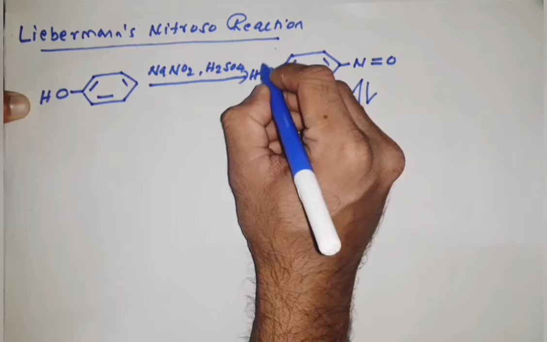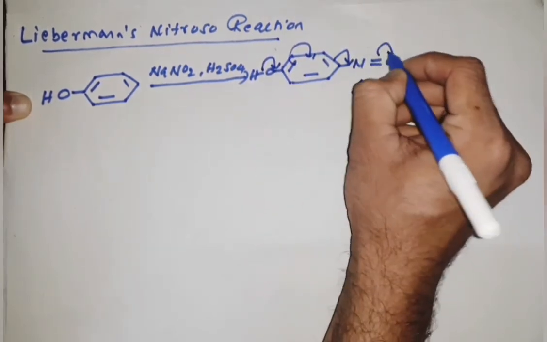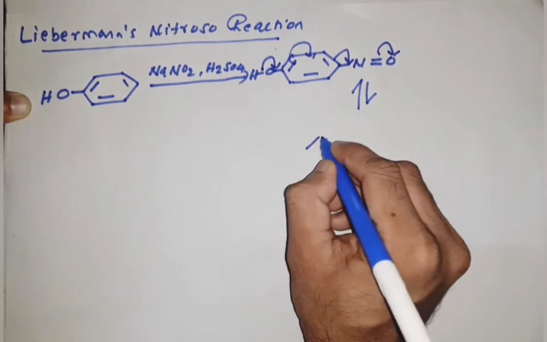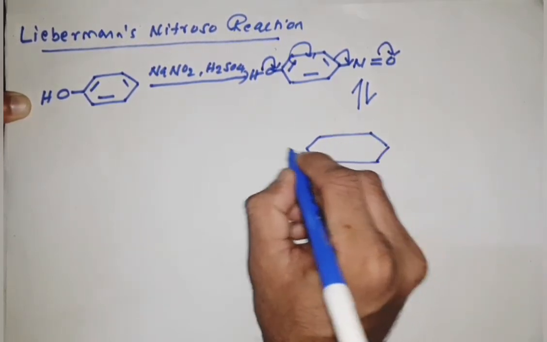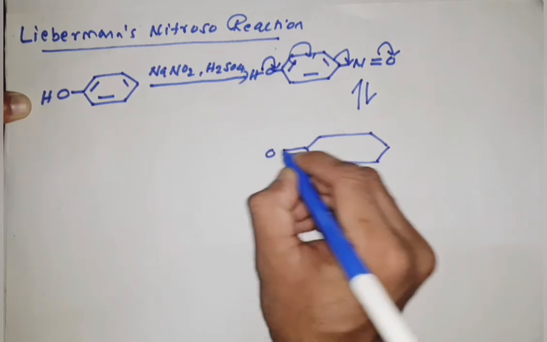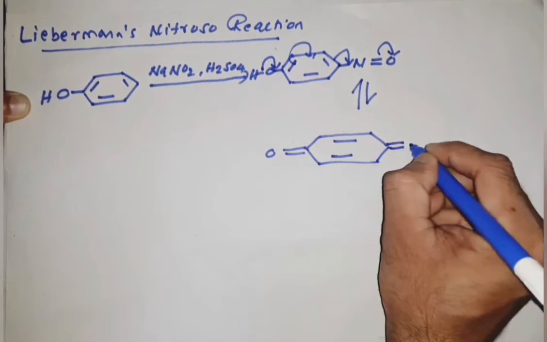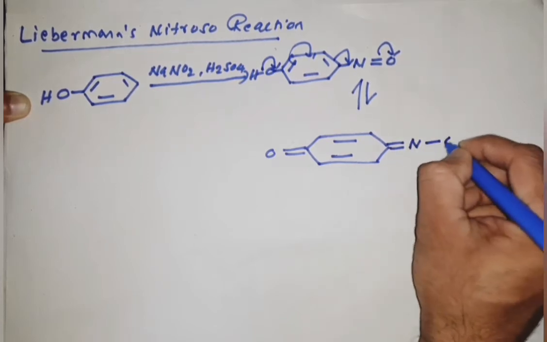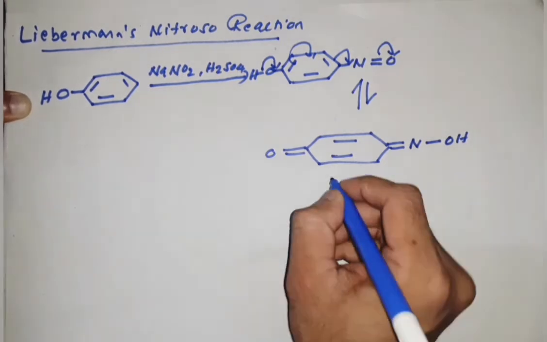That means shifted to here, shifted to here, shifted to here. We get O double bond, N-OH. This H plus is attached here. This is quinone monoxide.